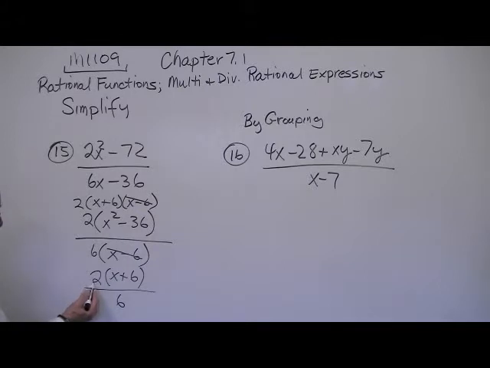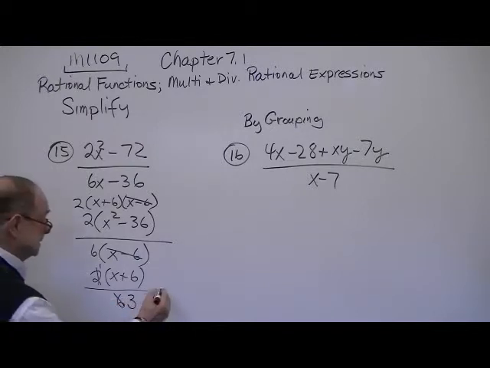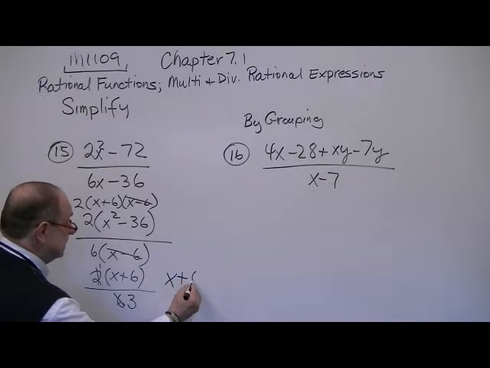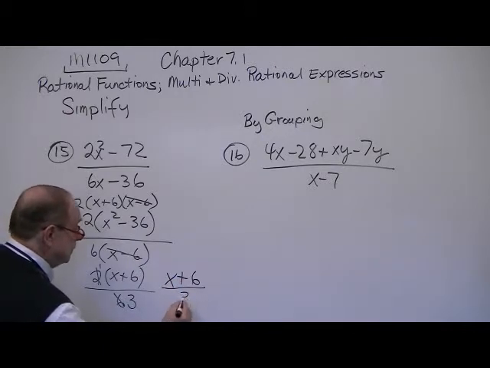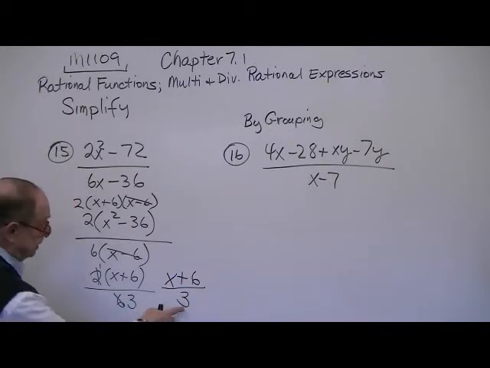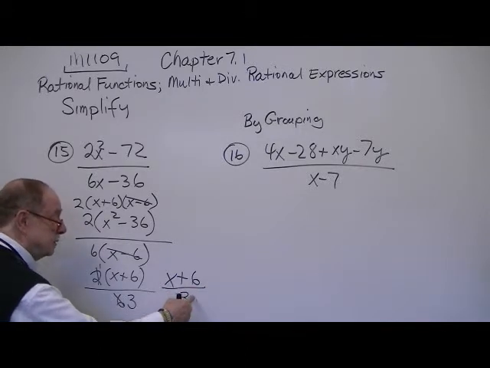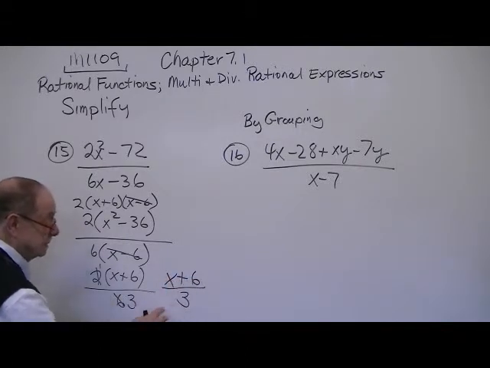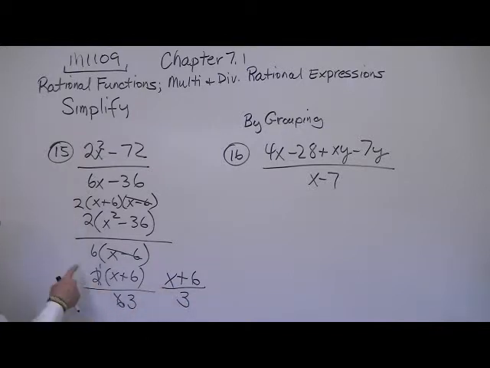Yep, now the 2 and the 6 I can cancel out. This will become a 1, and this will become a 3. So our super final answer is x plus 6 over 3. And again, you cannot cancel this 3 with the 6 because these are terms, not factors. You can only cancel out common factors.